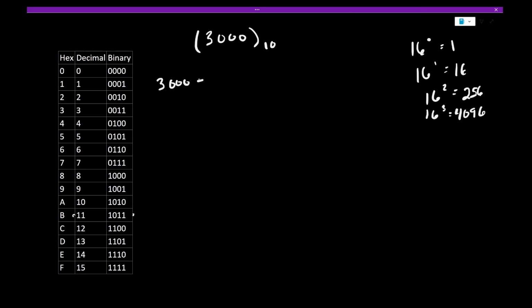First thing we do, we're going to write down 3,000. Now we have to have the biggest power of 16 less than or equal to 3,000. In this case, if we look over there on the right, it's going to be 16 squared, and it's 256. However, that's got to be multiplied by some number. That number is going to be the amount of times 256 goes into 3,000.